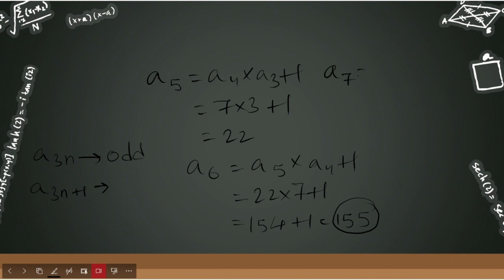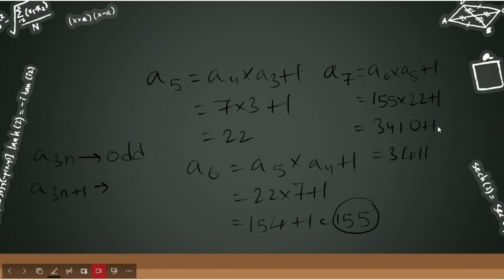Let's find a7. a7 is a6 into a5 plus 1. a6 is 155 times a5 is 22, which will be 3410, plus 1, which should be 3411.